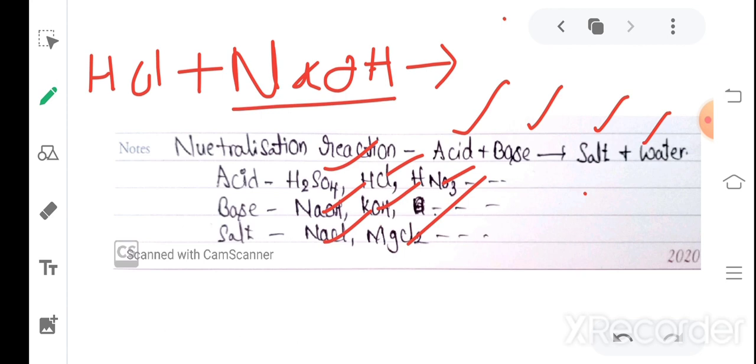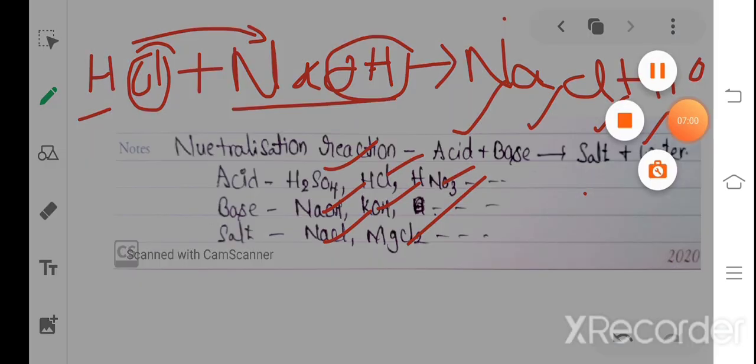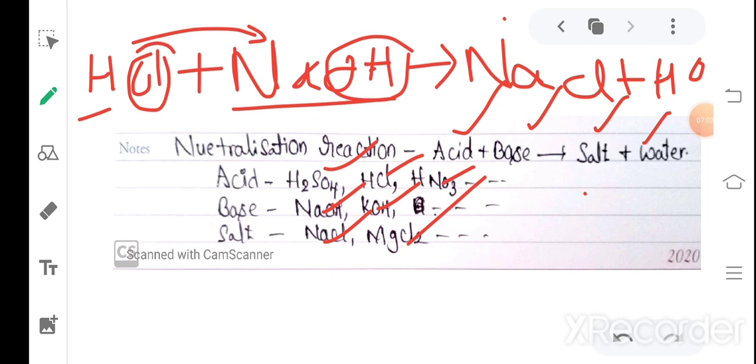The Cl minus ion is attracted towards the Na plus ion, so NaCl is produced, and this H and this OH combine with each other, so H2O is generated. So this is about the neutralization reaction: HCl plus NaOH gives NaCl plus H2O.